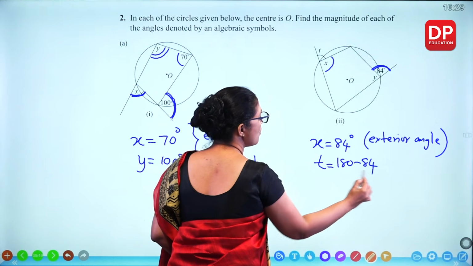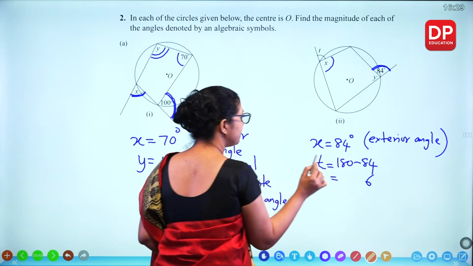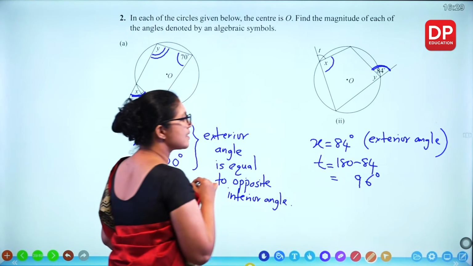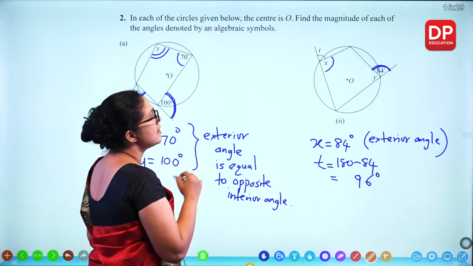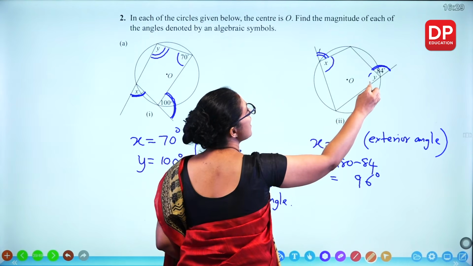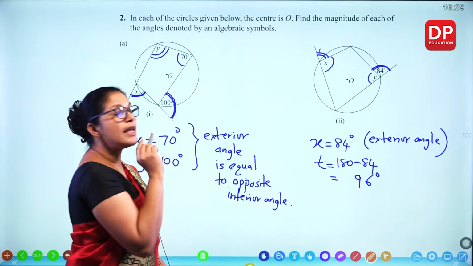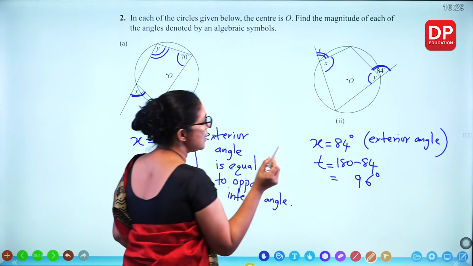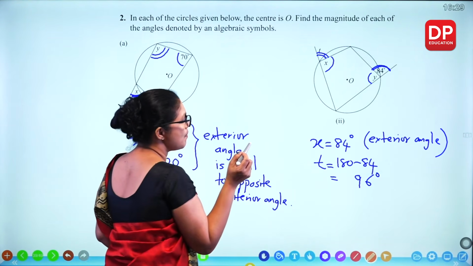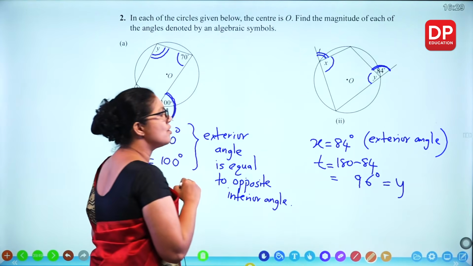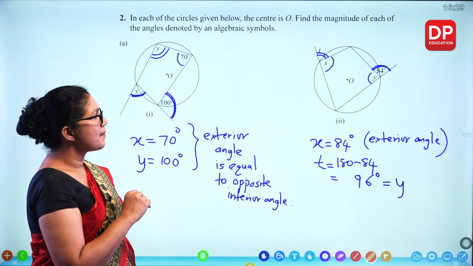That's 84. You get 96 degrees. And if you take this angle and this angle, those are equal. Exterior angle and opposite interior angle. So t equals same as y. So y is also 96 degrees.